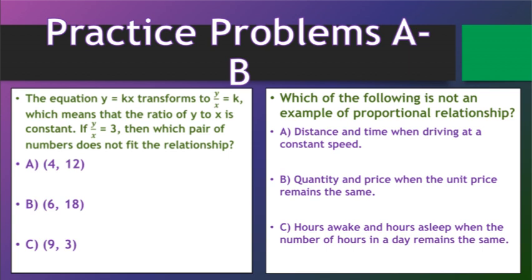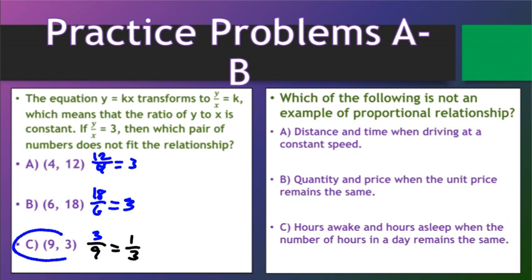There's going to be one that does not equal 3, and that's the one we're looking for. So 12 divided by 4 is 3. 18 divided by 6 is 3. 3 divided by 9 is actually 1/3. So the one that does not fit the relationship would be C, (9, 3).